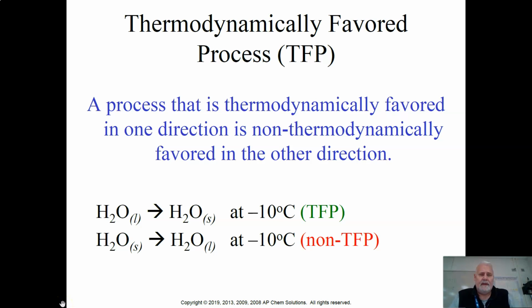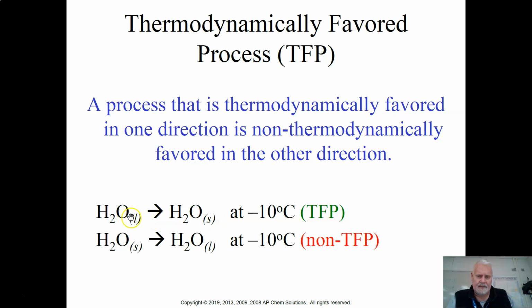I think a good example of the fact that these processes are reversible and opposite would be if you were at 10 below Celsius. That's plenty cold to freeze water.